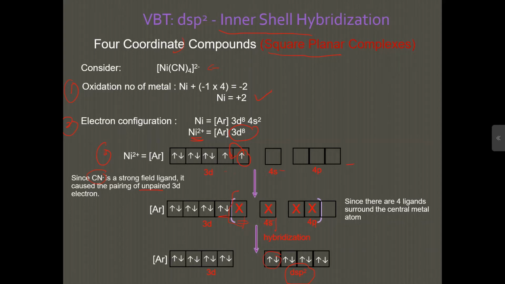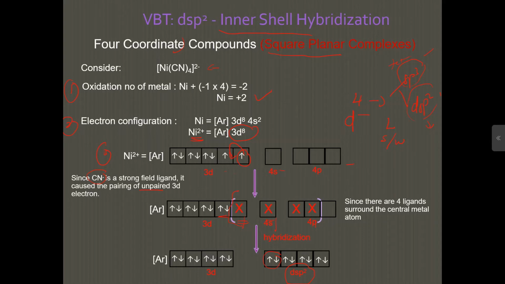For 4-coordinate compounds, you need to know that you have sp3 and dsp2. It depends on how many electrons are in the d orbital, and also whether the ligand is strong or weak, in order to recognize whether it is sp3, a tetrahedral complex, or dsp2, a square planar complex. sp3 is known as outer shell hybridization, and dsp2 is known as inner.